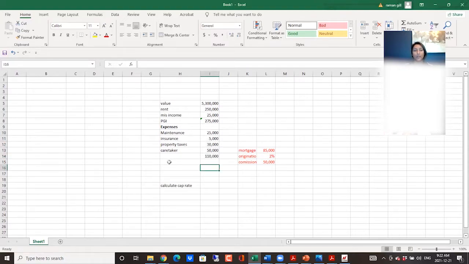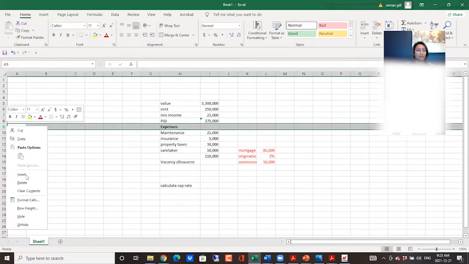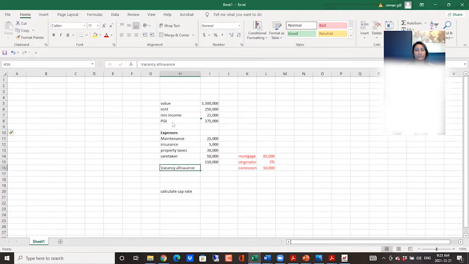Now the next step would be to take a look at our vacancy allowance. The vacancy allowance here will be 3%. So what we do is first we take a look at the rent, add that to miscellaneous income to get our potential gross income.